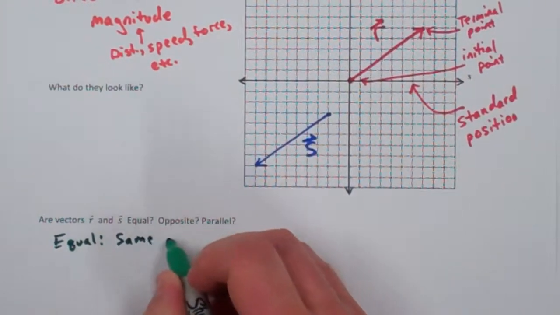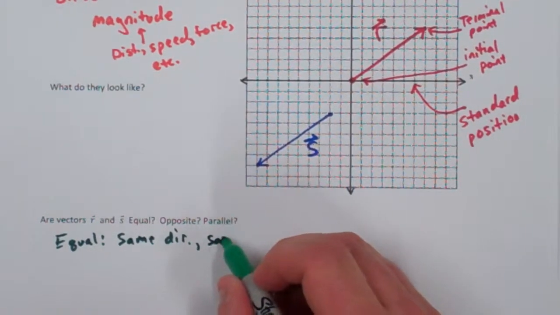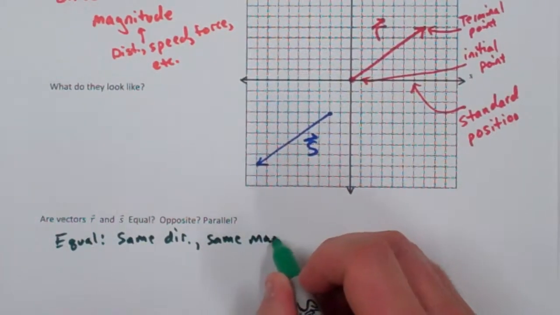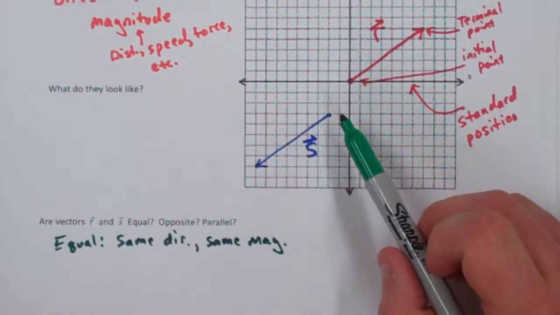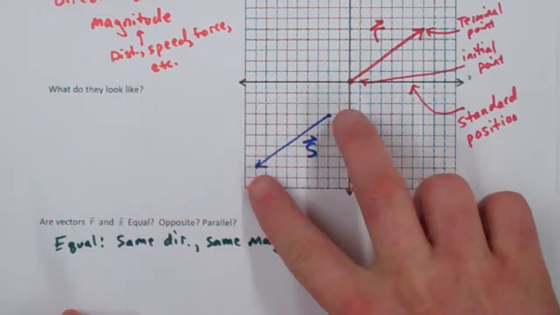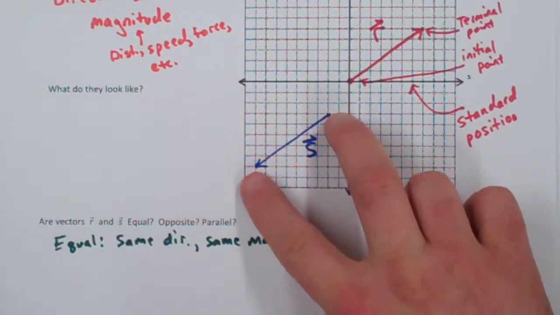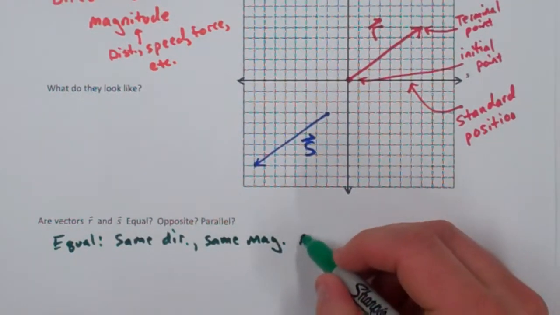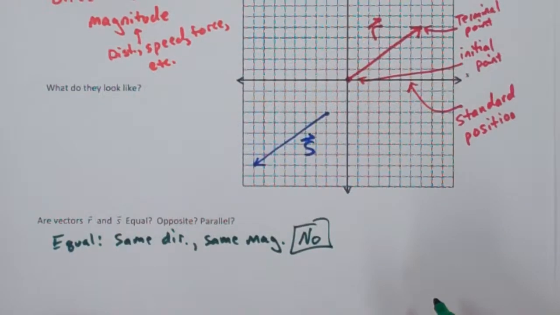So we'll write that here: same direction, and same magnitude. And we can see here that although they look like they have the same magnitude, which you have to equate to the distance here, they're not in the same direction. So we would say no. Vectors R and S are not equal.